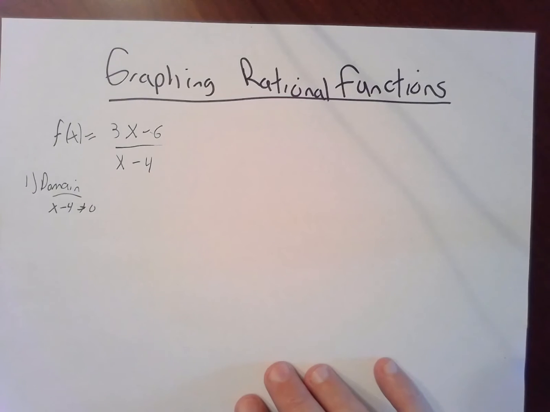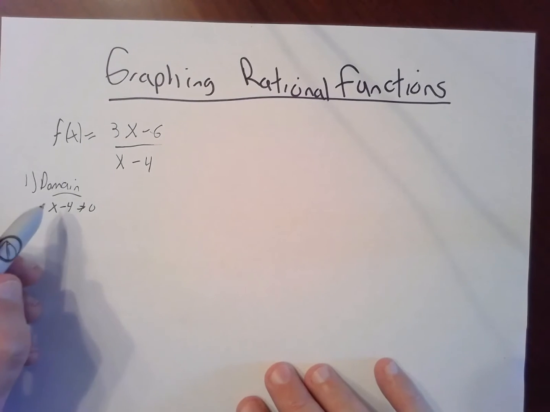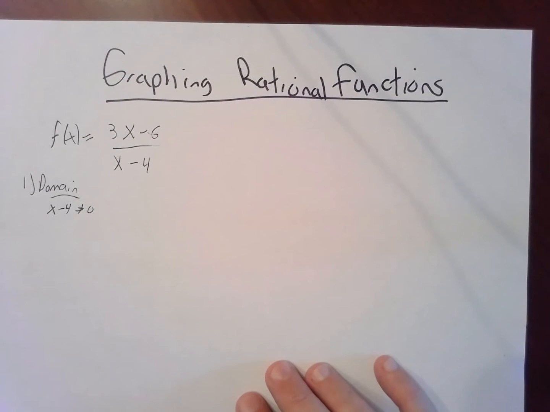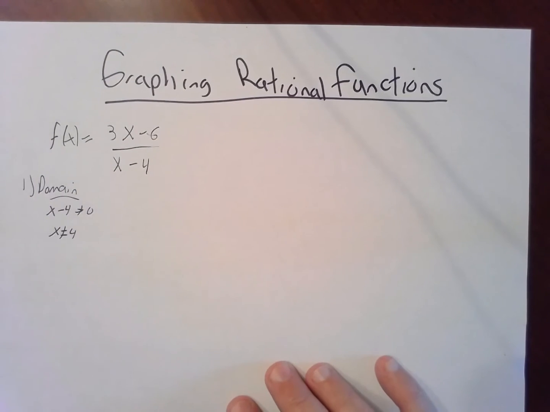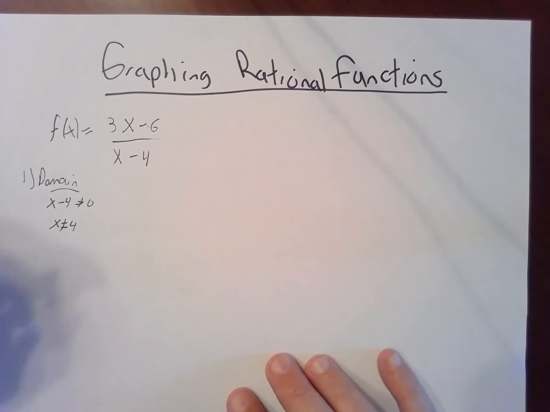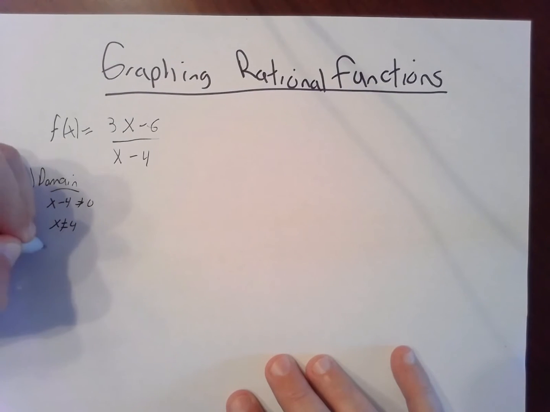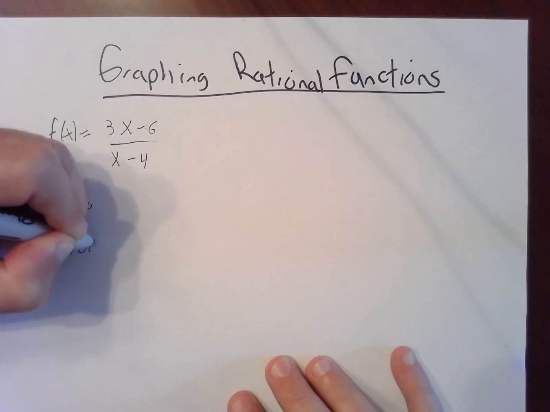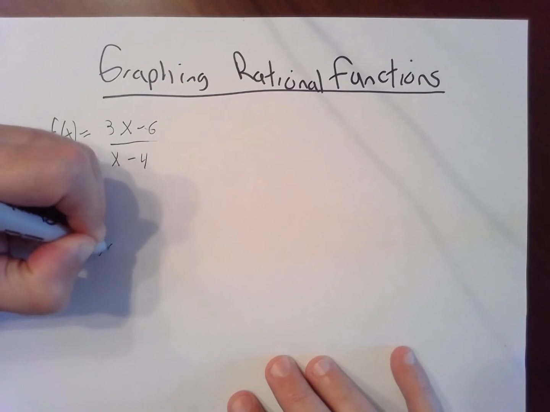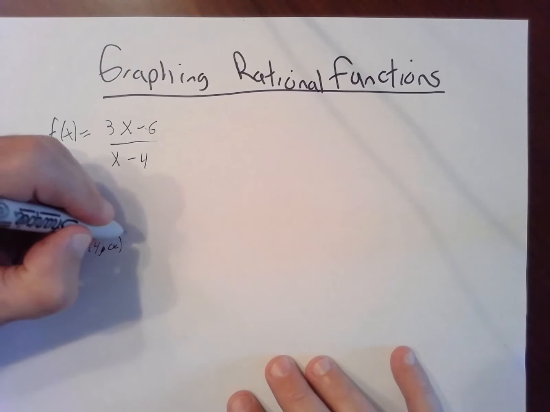Nothing's going to cancel, so I've kind of skipped that step. So we take the bottom, set it not equal to 0. X then is not allowed to be 4. So our domain is all real numbers except 4: negative infinity to 4, 4 to infinity. That's the domain.